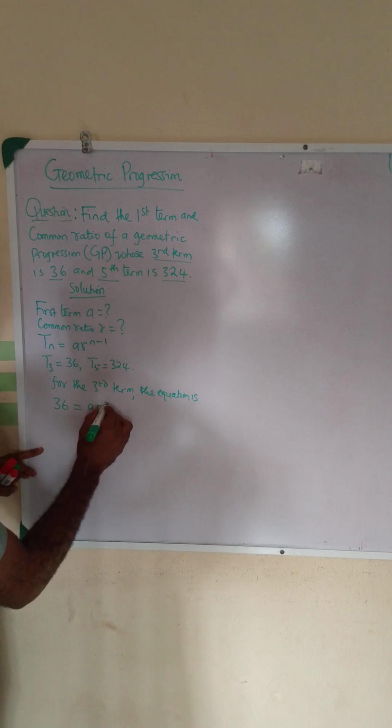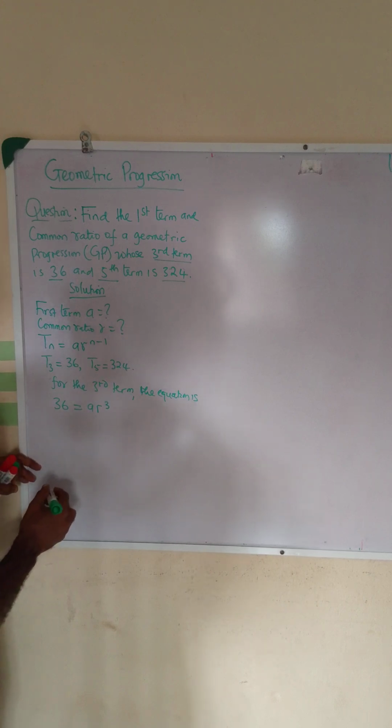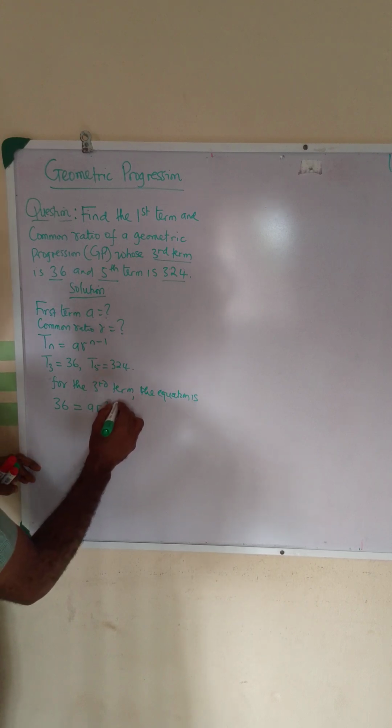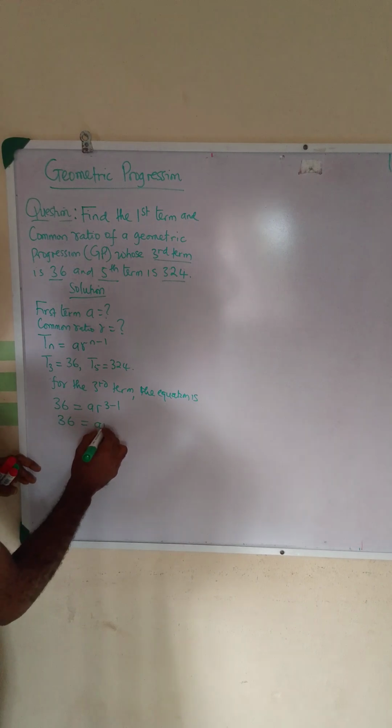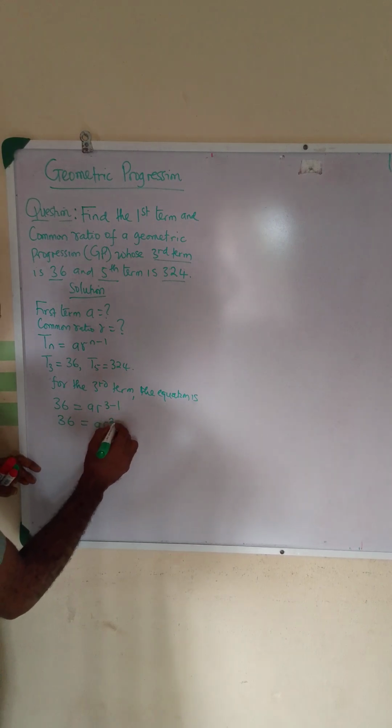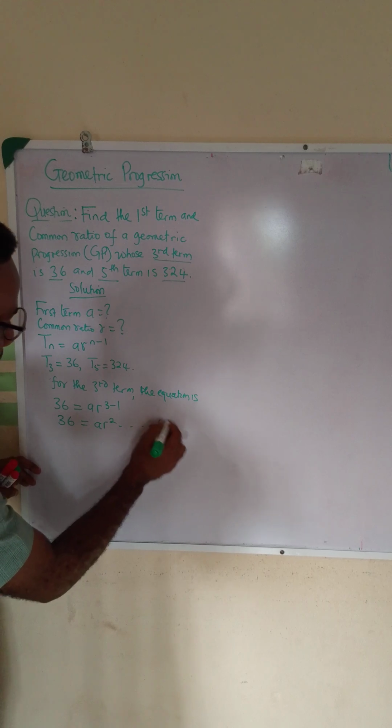Our n is 3 because we are dealing with the third term. So this will give us 36 equals A R squared, since 3 minus 1 is 2. We call this our equation 1.